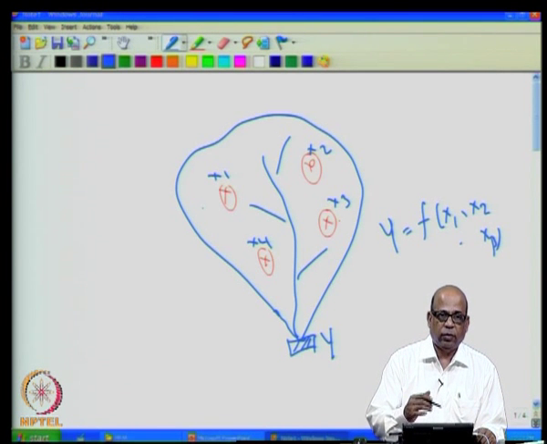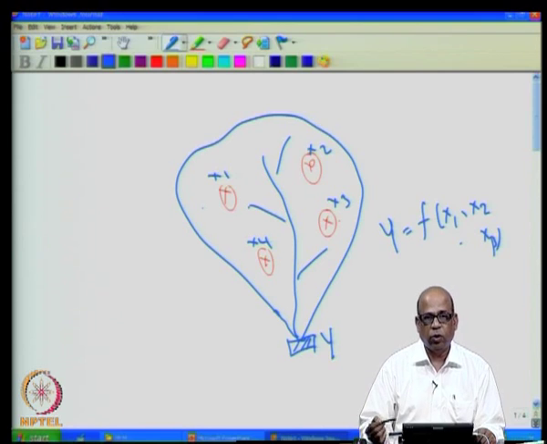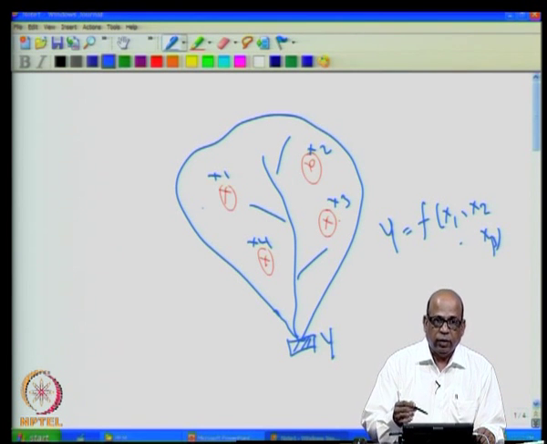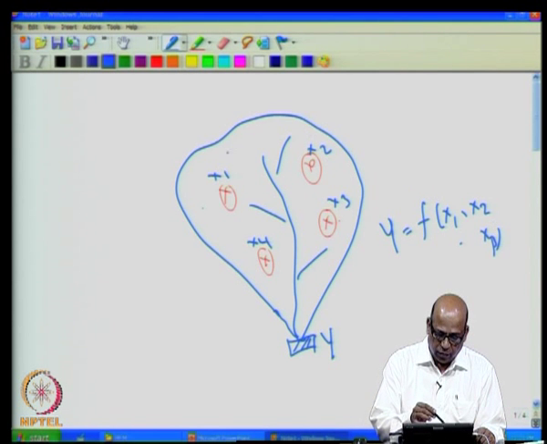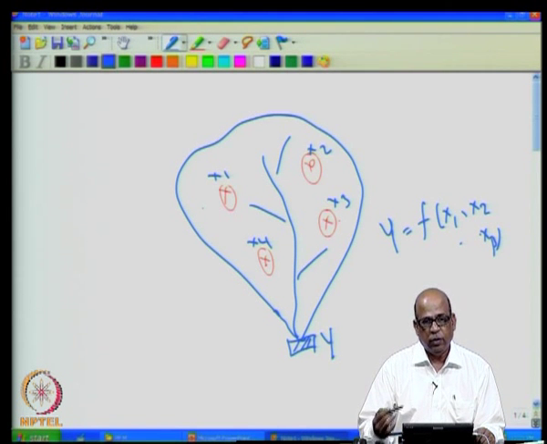This is a homogeneous hydrologic region, and therefore, the rainfall here and rainfall here and at all these locations may have significant correlations. And the other thing is that you may have so many rain gauges here that the size of the problem may become slightly unmanageable, if you are having let us say 10 variables, 12 variables and so on.